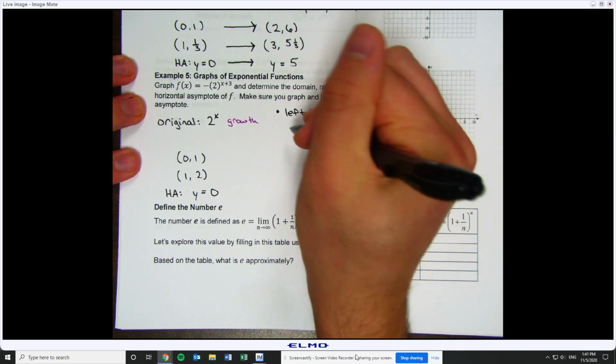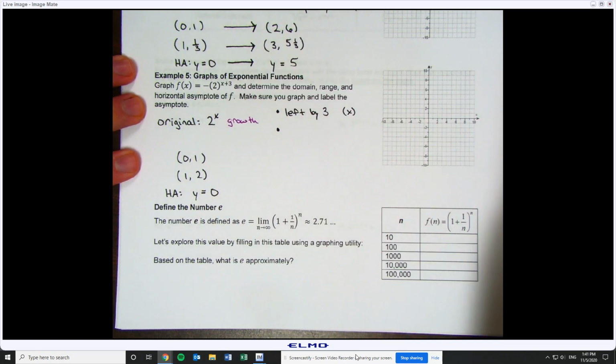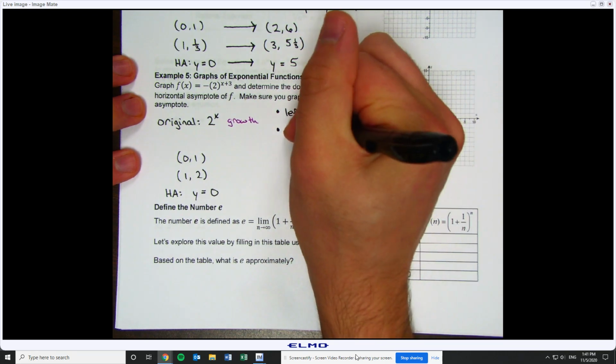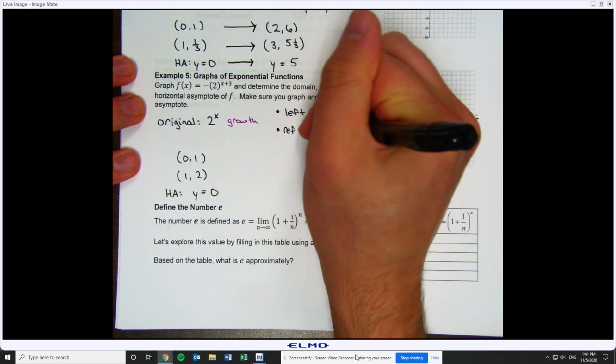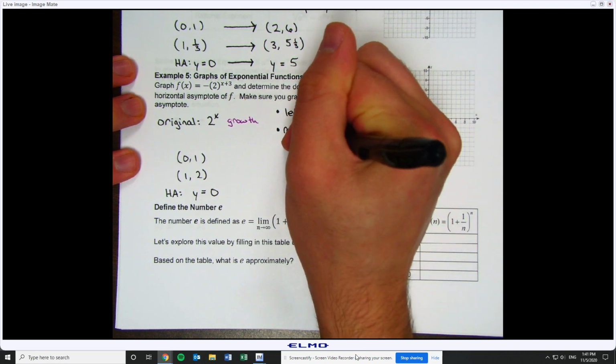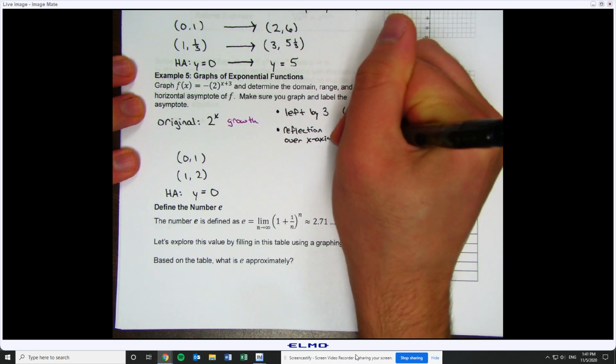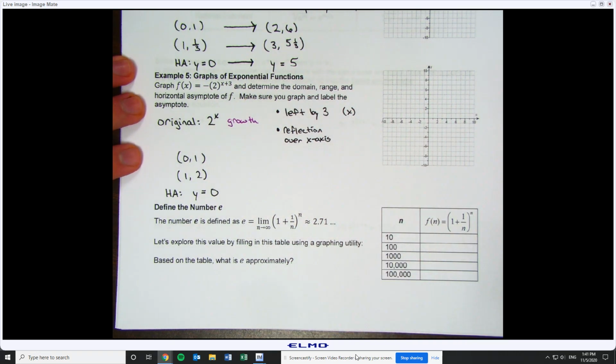The next thing I'm going to do is this negative. If I have a negative out in front of my function, that means that it's a reflection over the x-axis. Now, be very careful. I know it's very tempting to say, oh, that deals with x, but reflection over x-axis, that would take this 6 to negative 6.